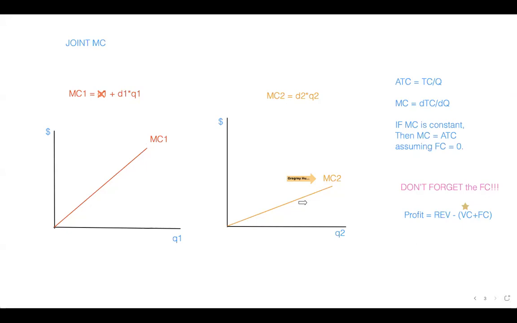So I didn't get to the joint marginal cost, and I'm going to do that right now, but I got to start a new whiteboard to do it. So I'm gonna draw these again, and so I'll try to be quick about it. I'm going to leave some of the details off just because they're on the other diagram.